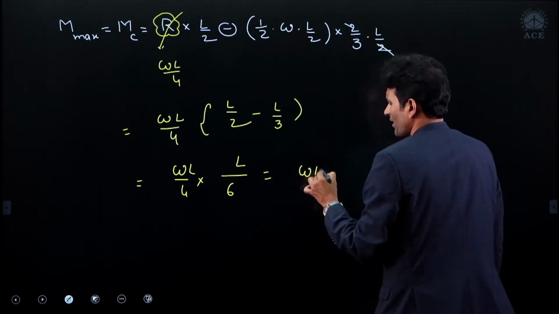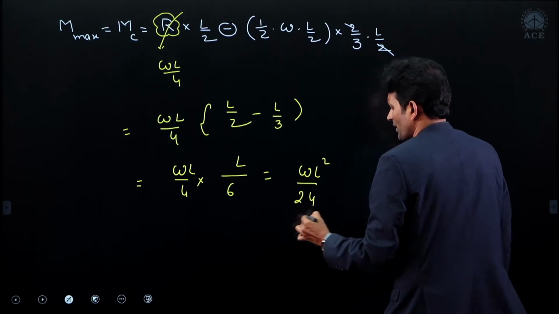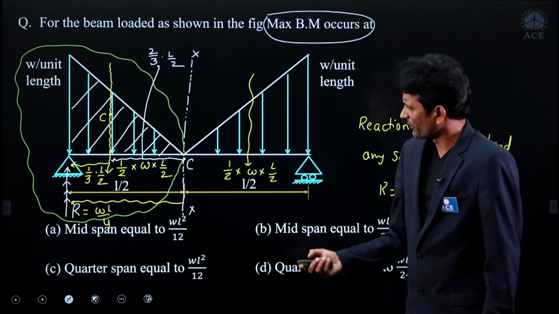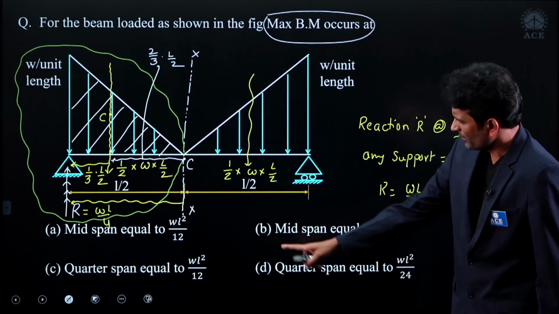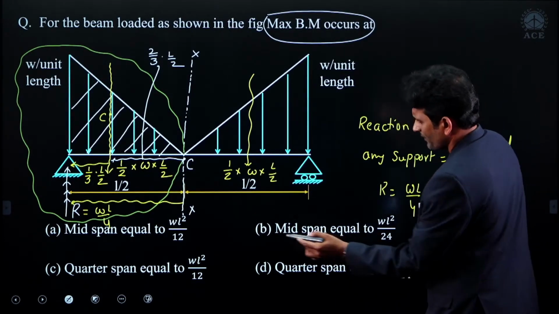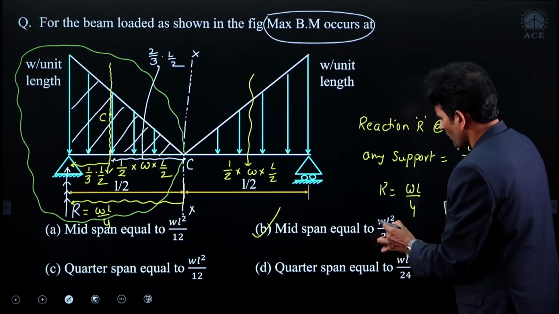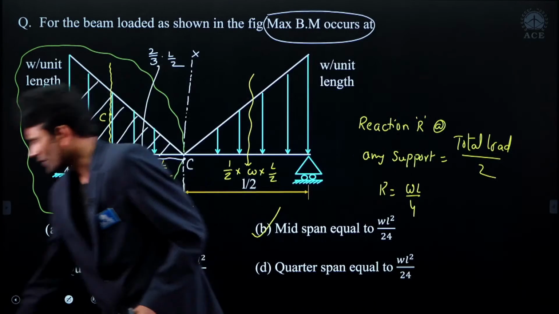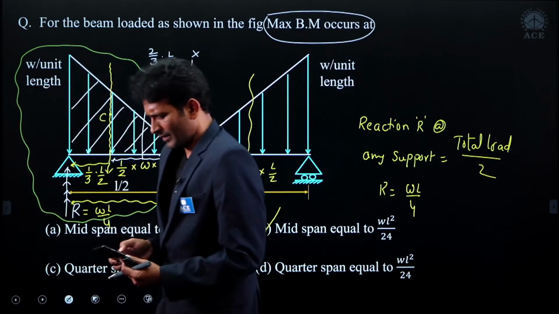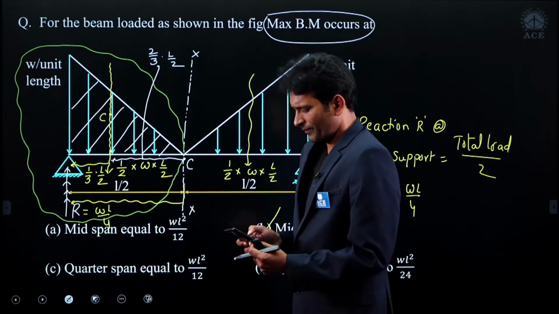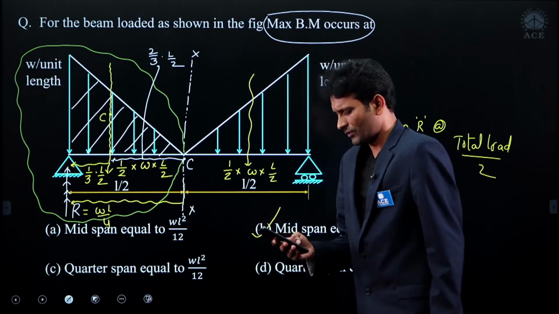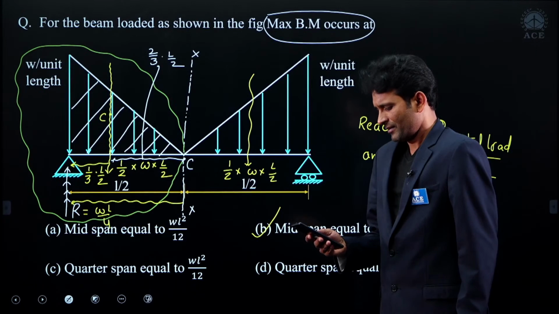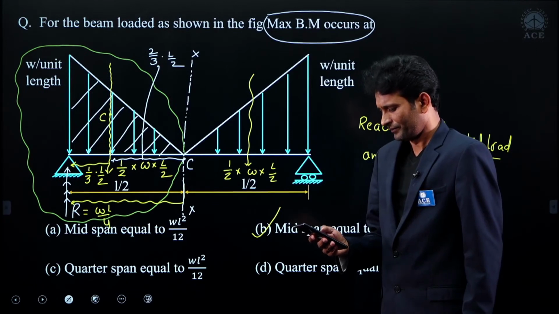Answer, omega L square divided by 24. Where are we observing? Yes, midspan, and magnitude is omega L square divided by 24. Hope you are getting the answer. How many are getting the answer? Omega L square divided by 24. Excellent.